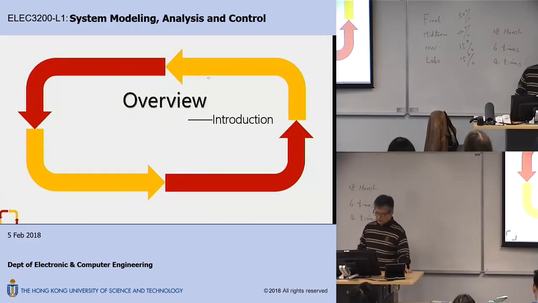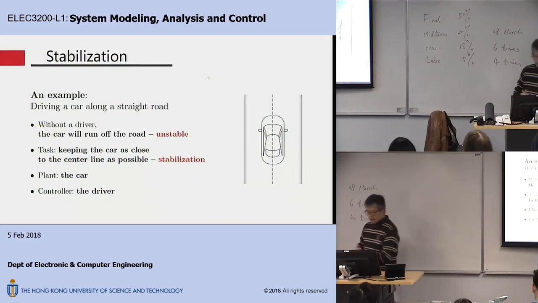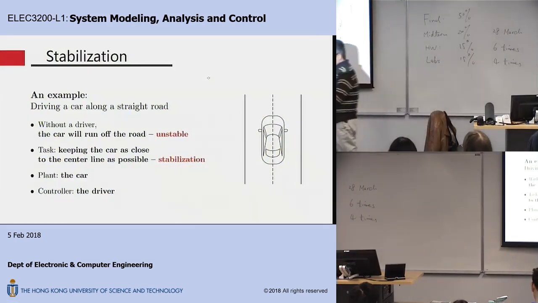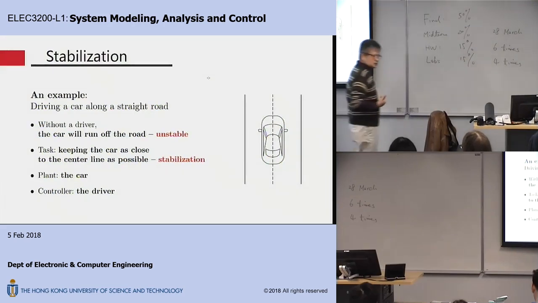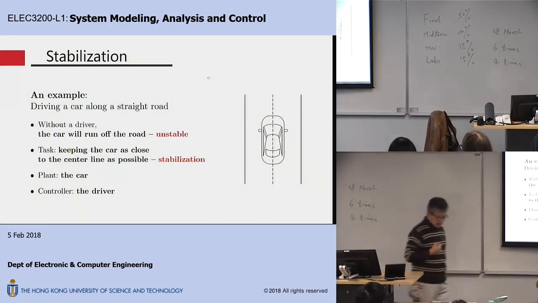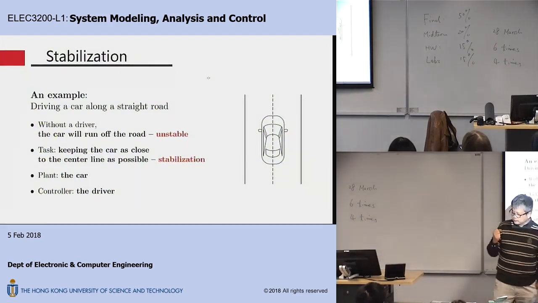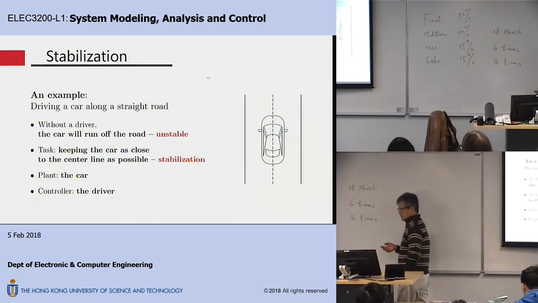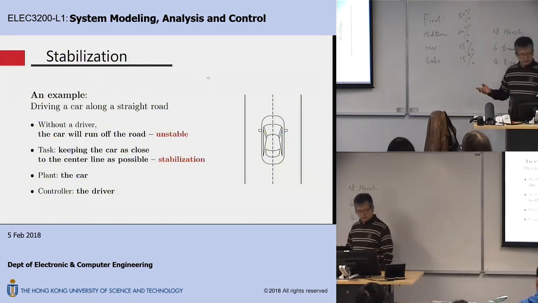Okay, introduction. So, what is the purpose of control? What are the main tasks of doing control? I think there are two. One is stabilization. The other one is regulation.